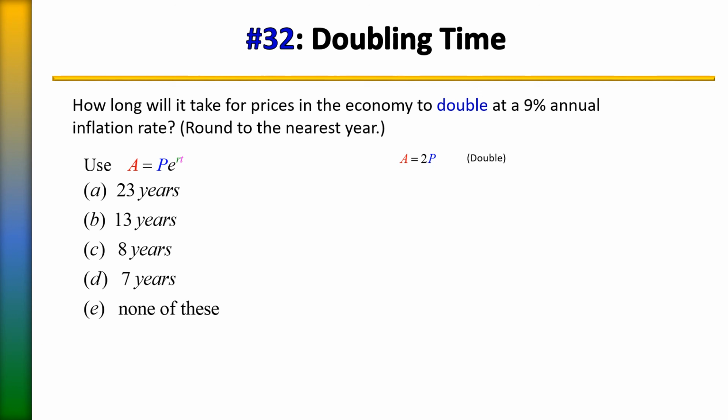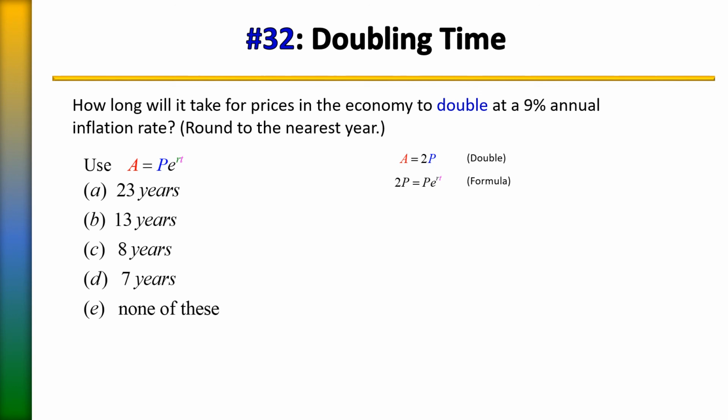The amount is not just a single amount; it's going to be twice that. So the new formula is 2P equals P times e to the rt, because again, we're doubling that amount, not just one single amount.